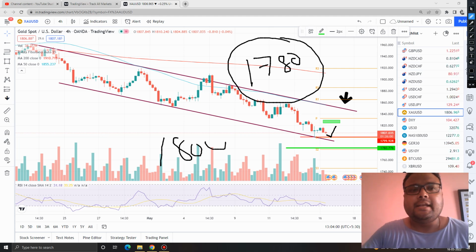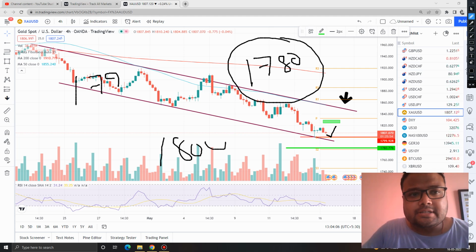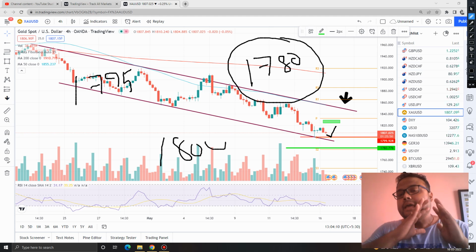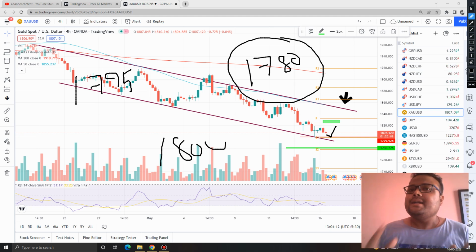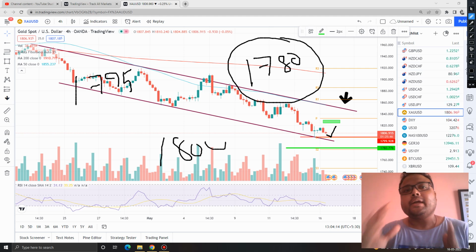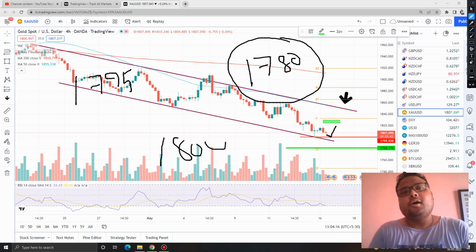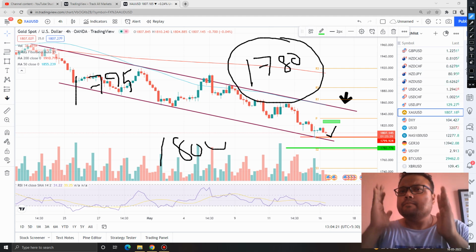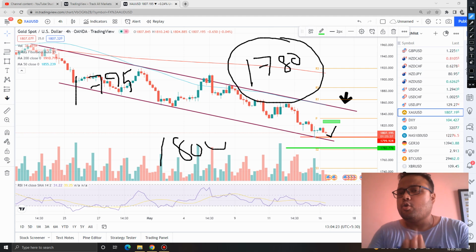But before 1780, there are some smaller or minor supports also around 1795, 1794. Again, I'm saying in this present market condition where the sellers are dominating, relying on levels like 1795, 1800 will be very risky. If you have the experience of the market, go for it.